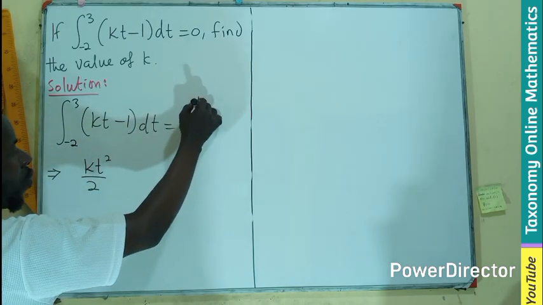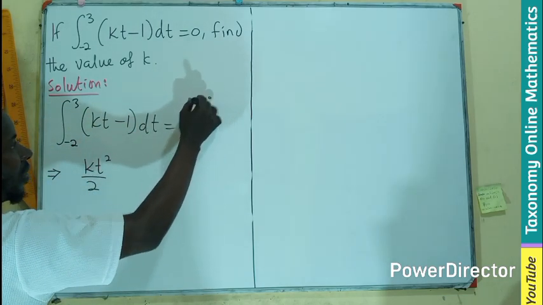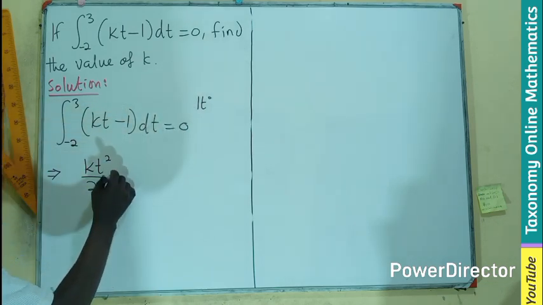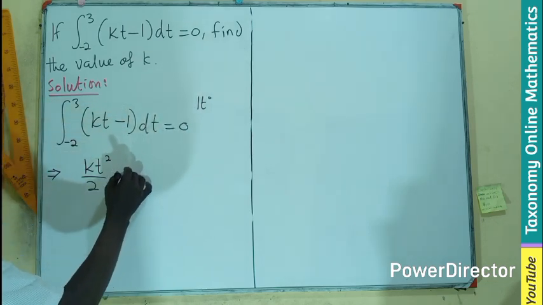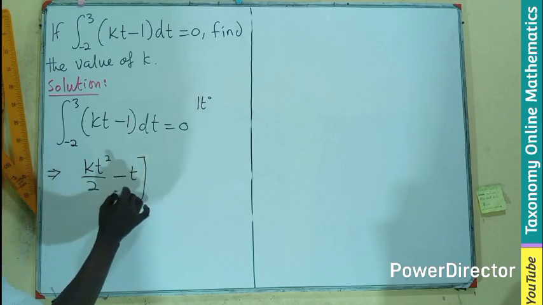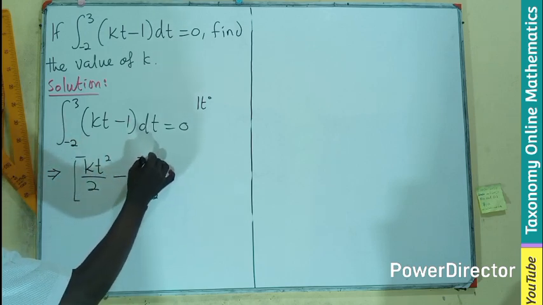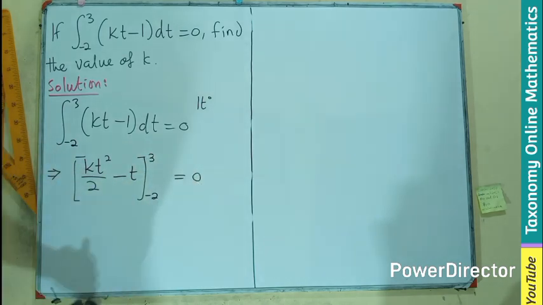This is also like 1 t exponent 0. If you add 1 to the 0, it becomes 1. Divide by that gives you 1 times t only. So this is from the lower limit of -2 to 3, your result will be what? 0.